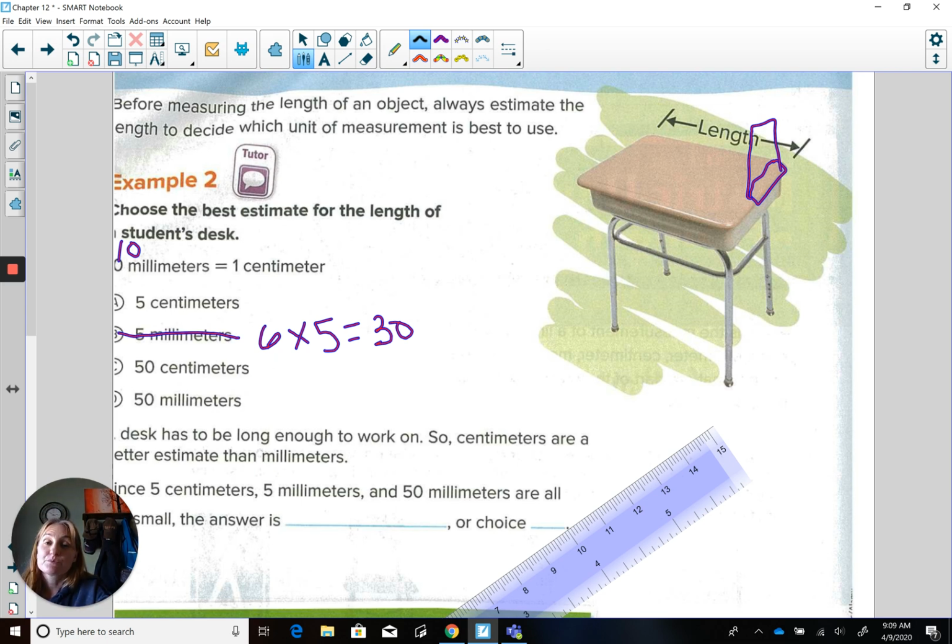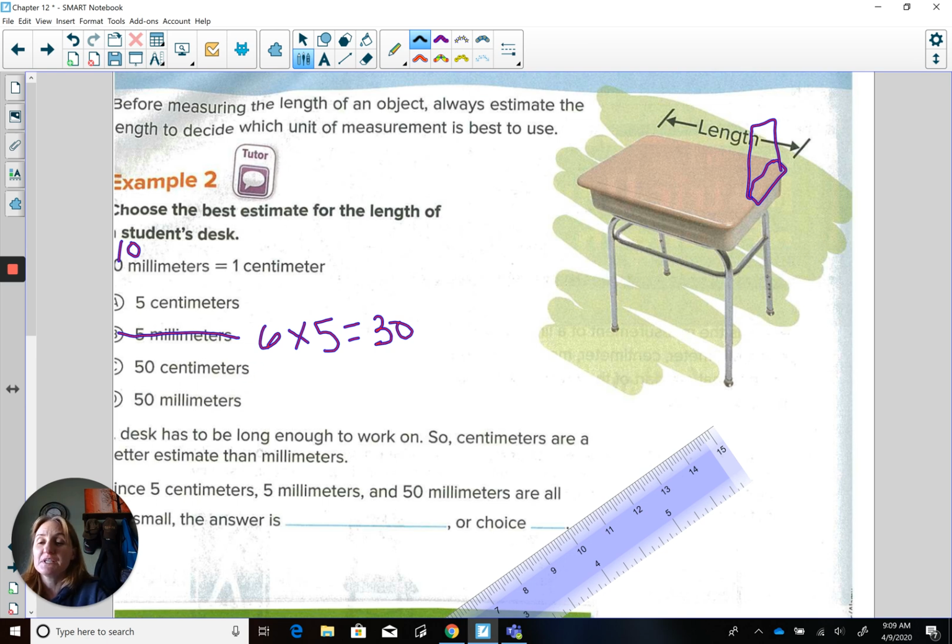50 centimeters. Well, that would be like 50 ladybugs. Can you imagine 50 ladybugs lying side by side, not moving, so that we can actually use them to measure? But we can still kind of imagine that. I don't know about that one. Let's come back to that one in a minute.